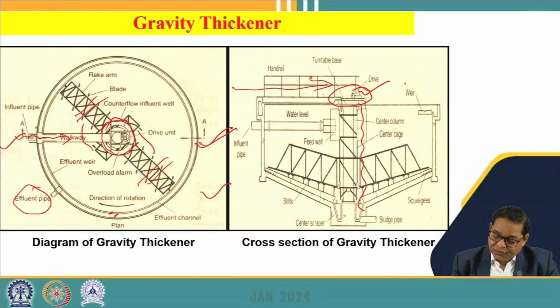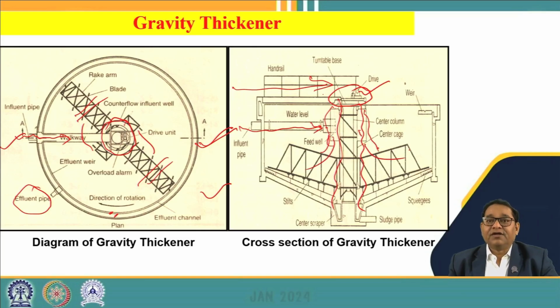This is mostly the central well where the sludge will be taken through this influent pipe, and this is basically the feed well, and from here the sludge will come out in different directions. These are the rotational mechanism which will rotate in a clockwise direction.